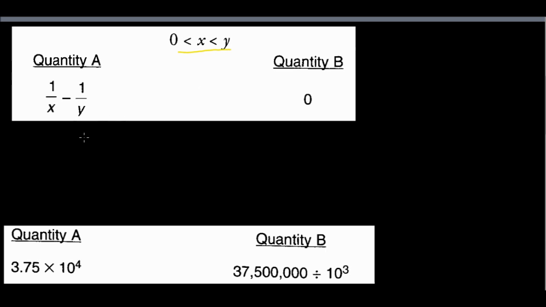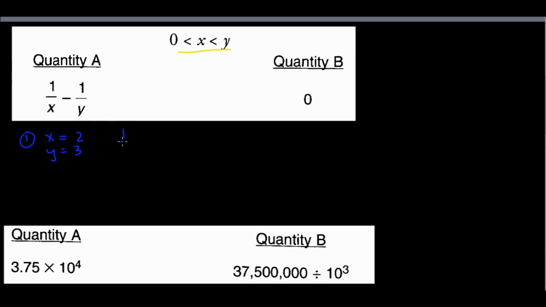For these types of questions where you have symbols appearing, one easy way is to pick values for x and y. I know both x and y have to be greater than 0, but such that x is less than y. So let's look at the case where x is 2 and y is 3.